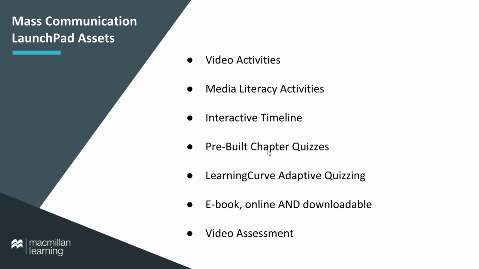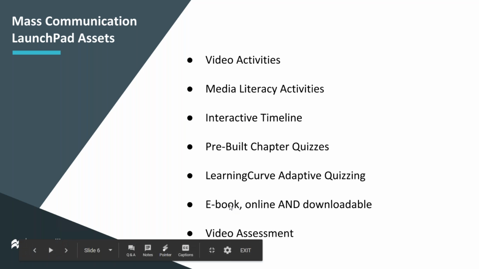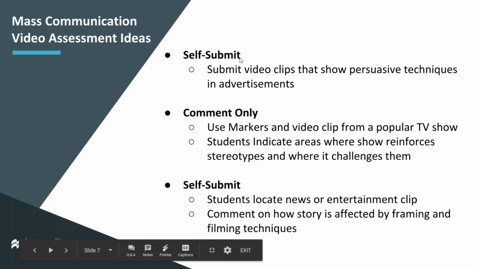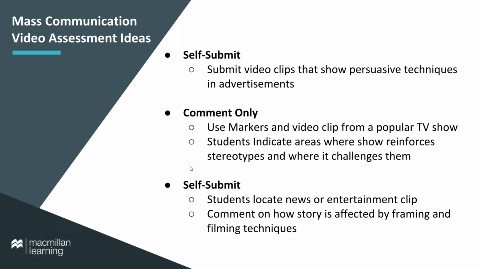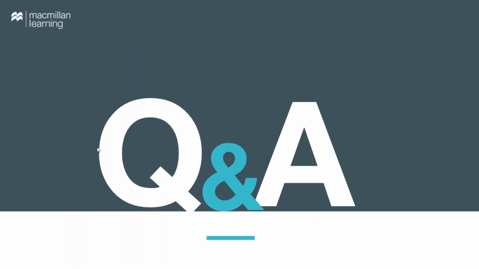Each chapter will have pre-built chapter quizzes, learning curve adaptive quizzes, a full ebook to read online or to download, and then of course we have our video assessment program, which has many, many uses for your course. We've got a few items here on how to use self-submit or the comment-only activity. And these items can be found in the video assessment folder within Launchpad.